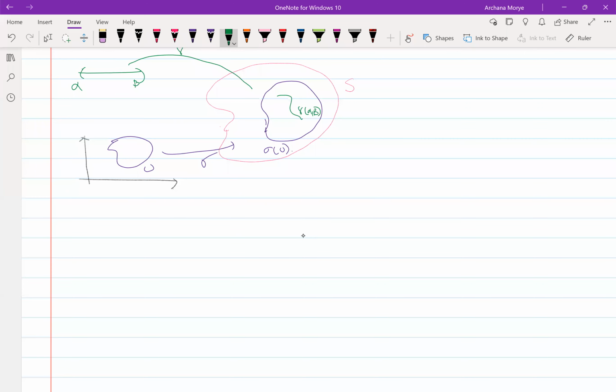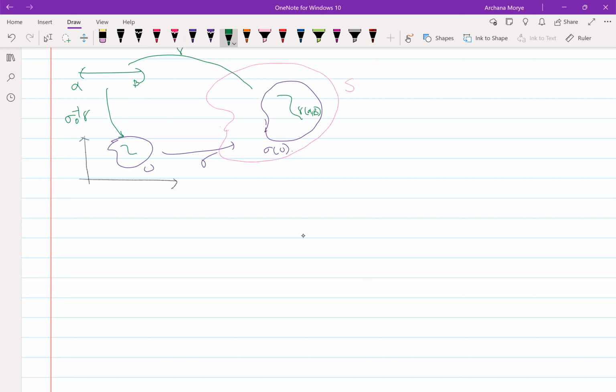Whenever we have such a thing, to calculate anything here, we first have to find a curve which is inside our U. So for that, we look at the sigma inverse of this gamma. What is the sigma inverse of gamma? We will assume it is given by (u(t), v(t)). Let me write it down.